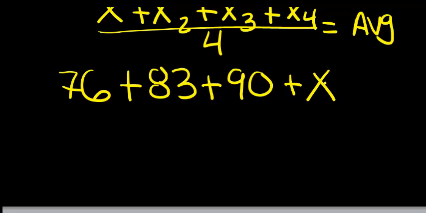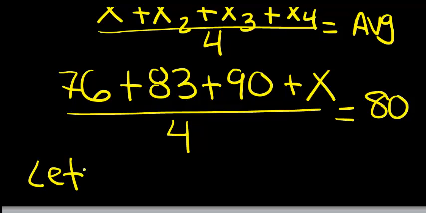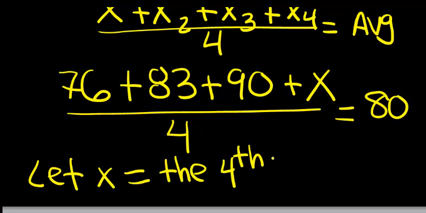I'm going to choose X. Since I have 1, 2, 3, 4 test scores I want to add together, I'm going to divide the sum of the 4 exams by 4. And he wants that to equal 80. He wants an average of 80. So in this problem, I'm going to let X equal the 4th test score.